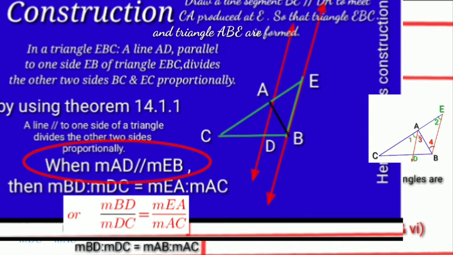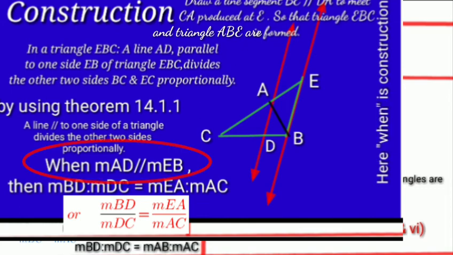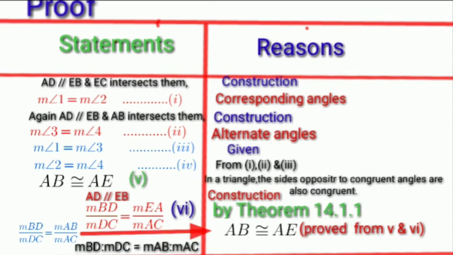Meaning when measure AD is parallel to measure EB, then measure BD ratio measure DC is equal to measure EA ratio measure AC, which is also written in this form: measure BD over measure DC is equal to measure EA over measure AC. So when AD parallel EB, then measure BD over measure DC is equal to measure EA over measure AC, which is equation 6.